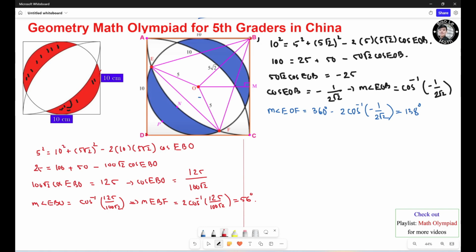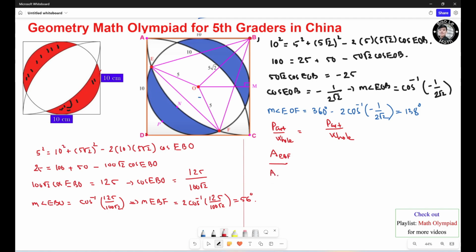We need to find the area of the sector B, E, F. So we use the formula part over whole equals part over whole right here. We substitute: I have the area of the sector EBF over the area of the whole circle, the circle B right here.